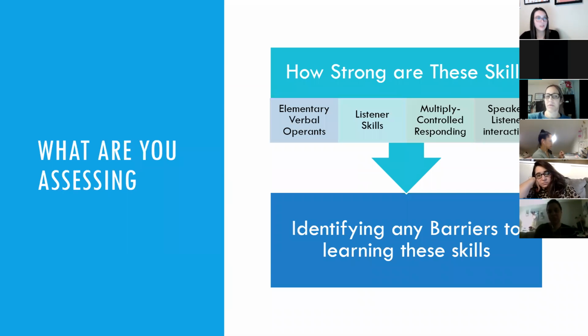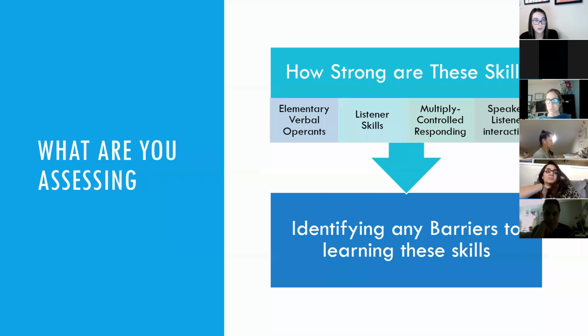All right. So what is it that we are assessing when we look at verbal behavior? Generally, you're trying to answer these questions. So how strong are these skills? And then are there any barriers that get in the way of learning these skills?